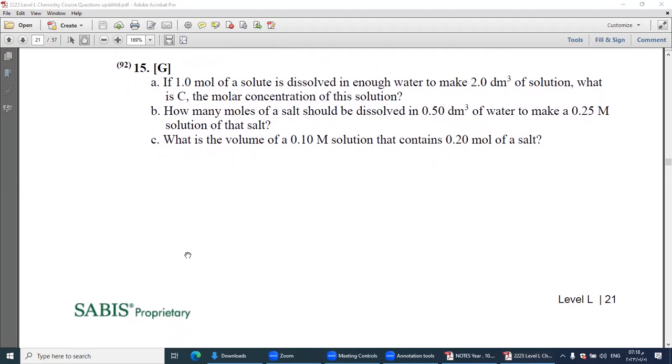If 1.0 mole of a solute is dissolved in enough water to make 2.0 decimeter cubed of solution, what is C, the molar concentration of this solution?